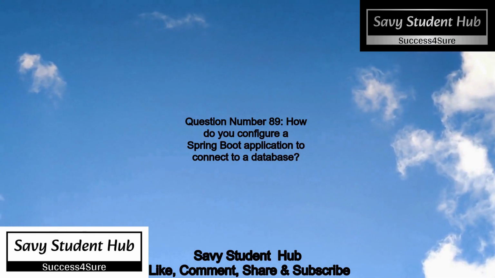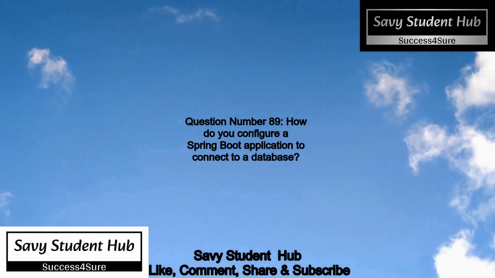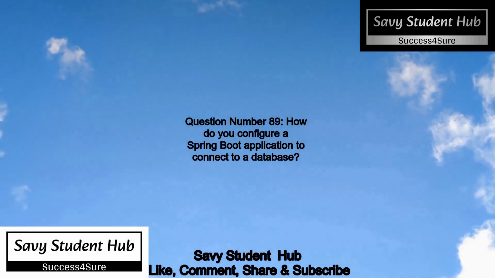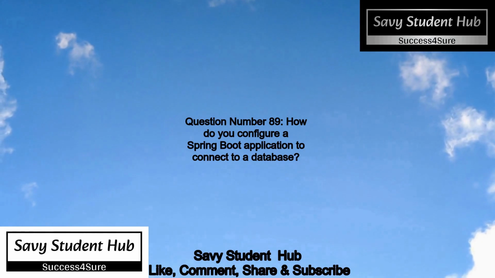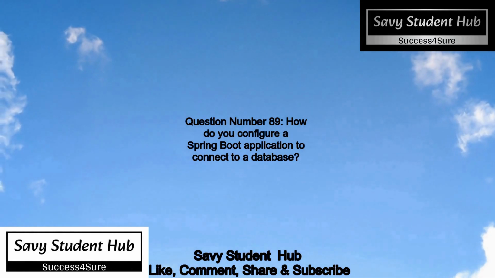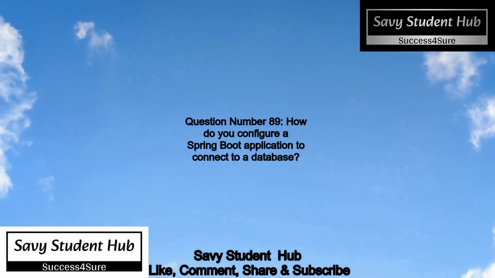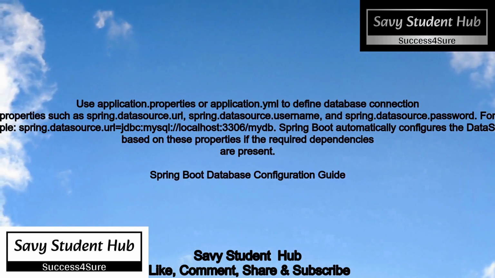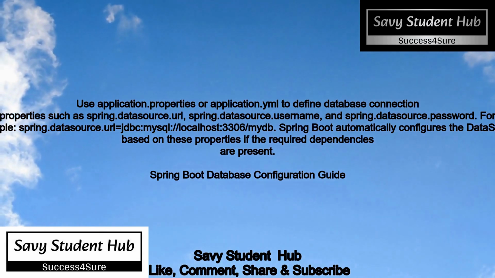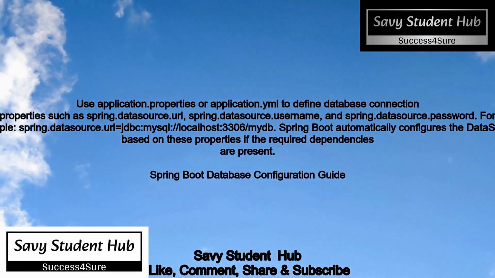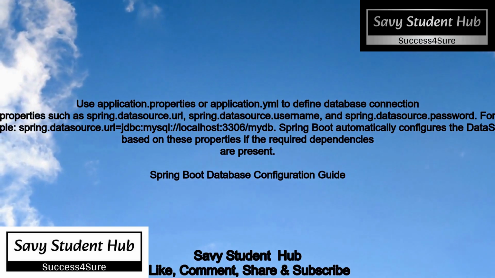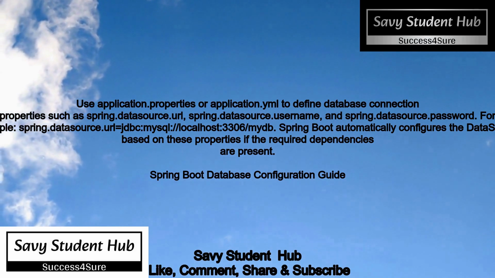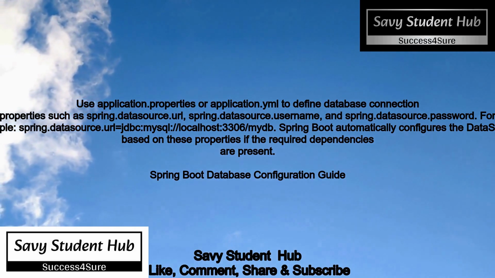Question number 89. How do you configure a Spring Boot application to connect to a database? Use application.properties or application.yml to define database connection properties such as spring.datasource.url, spring.datasource.username, and spring.datasource.password.